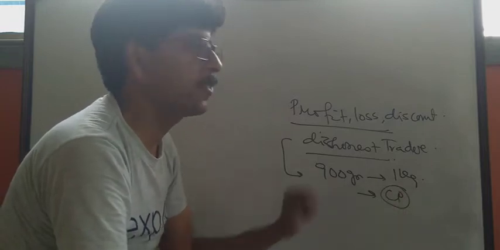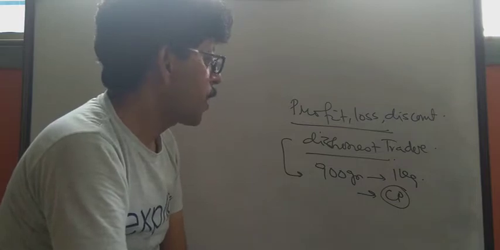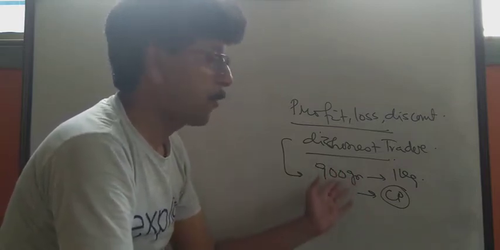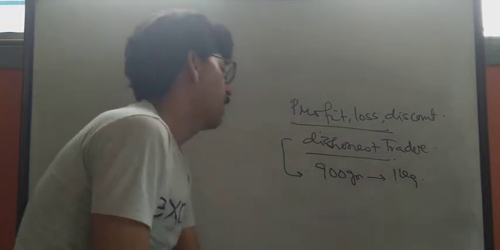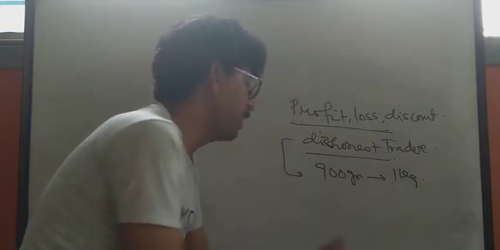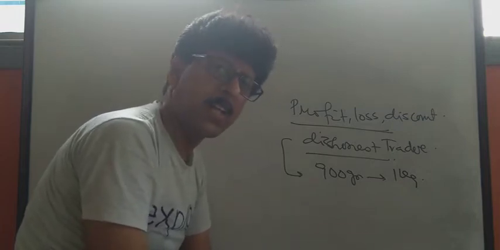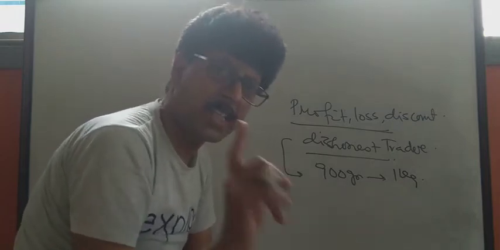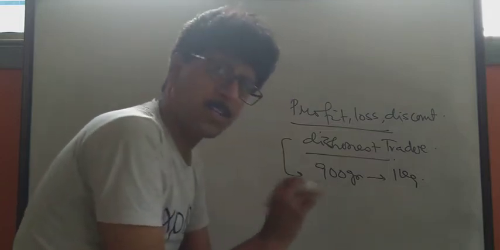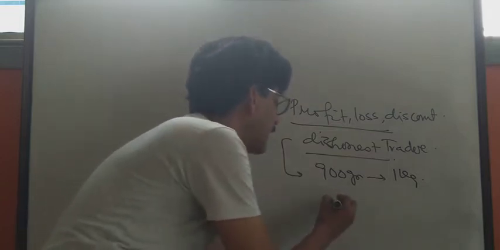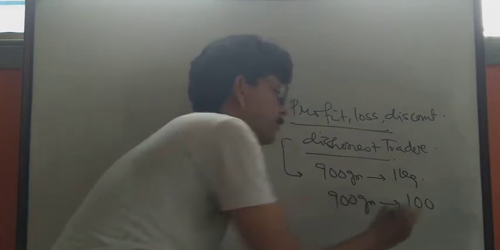Instead of 1 kg he is using a 900 gram weight. So how much profit is he making? What will be the normal calculation? Let's say the price is 100, then he bought 1 kg at rupees 100. But he is not giving 1 kg for rupees 100, because he is selling at cost price 100 again. So he is selling 900 grams for rupees 100.